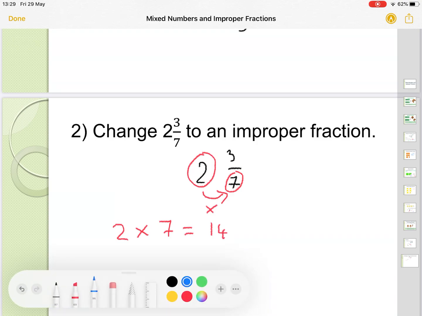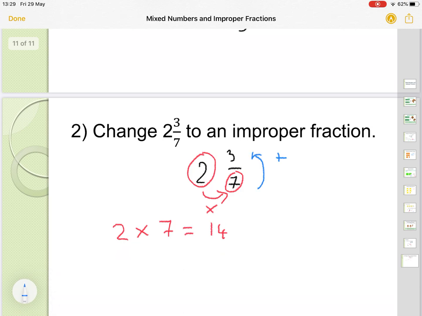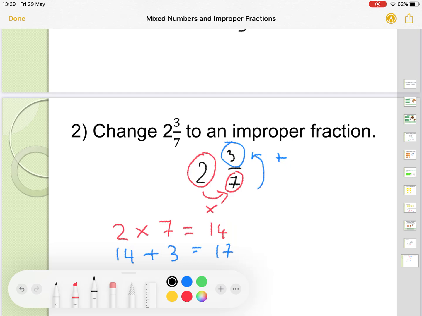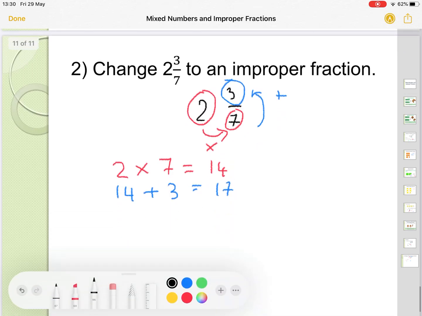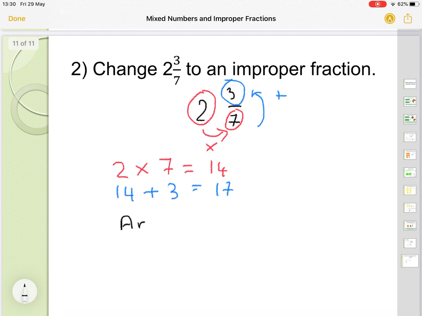And then I need to add the numerator. The numerator is 3. So to 14 I add 3 and that is equal to 17. The denominator remains as it is. So my answer is that the numerator is 17 and the denominator remains 7. And that is an improper fraction because 17, the numerator, is larger than 7, the denominator, right, boys?